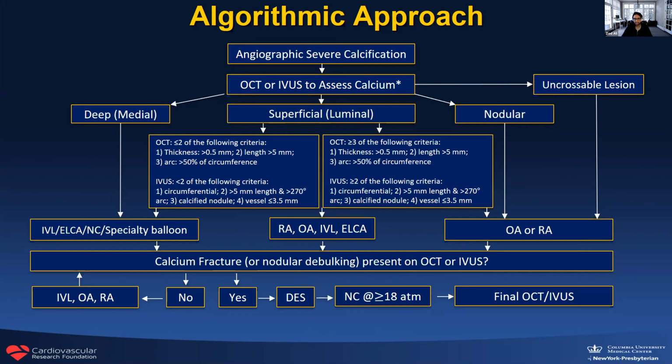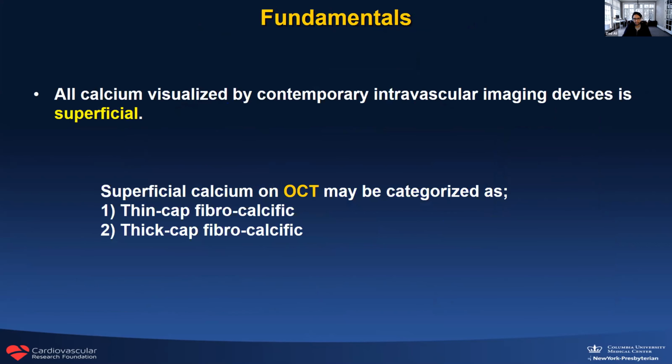It is simply deep within your cross-section or superficial within your cross-section. And nodular calcium, which is gaining much more attention, quite rightly, because the clinical impact of these nodules is very poor. So when we have deep calcification, we use a different strategy, superficial a different strategy, and nodular a different strategy. Let's go through this together.